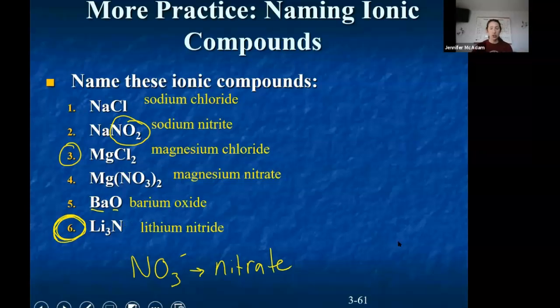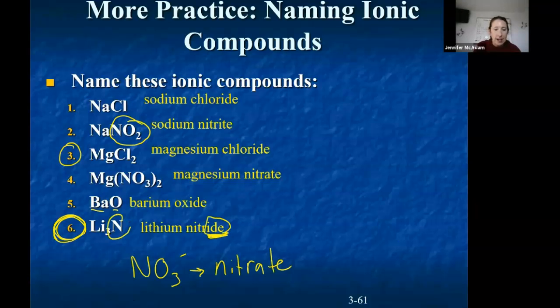Again, I want to make sure that you see the difference. Nitride, IDE, that is nitrogen from the periodic table. Nitrate is a polyatomic. And so it's really easy to make a mistake between nitride, nitrate, nitrite, right?